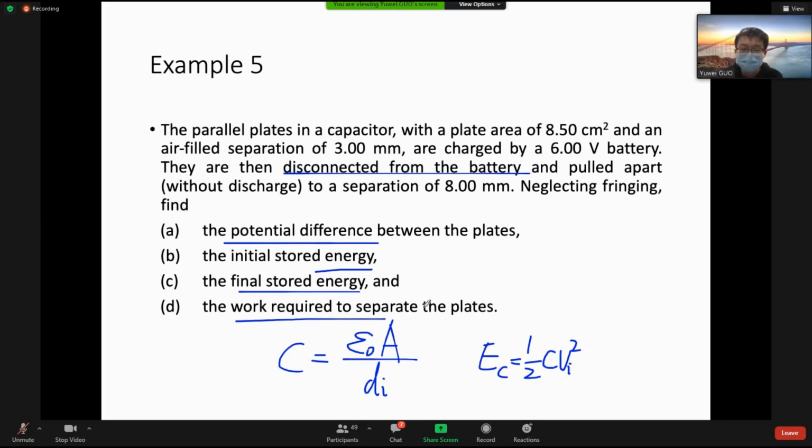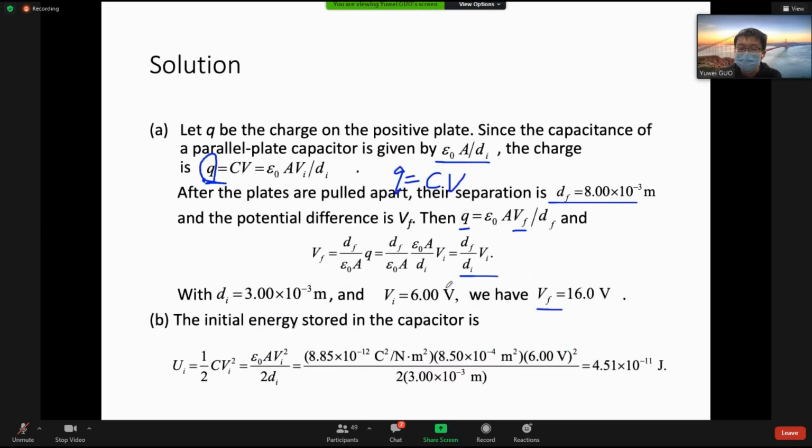But when we change the distance of the plates, the capacitance has changed. So the potential should also be changed. And by using the definition, we can calculate the difference of the potential.